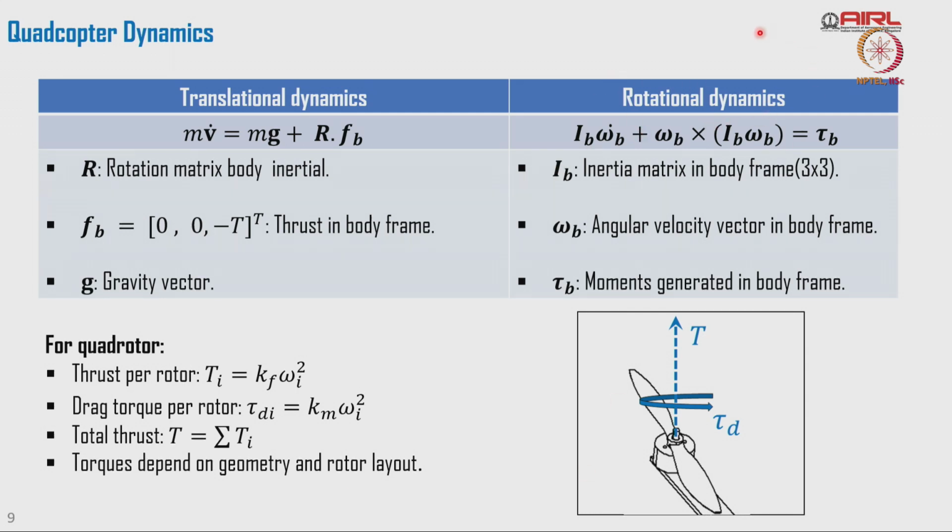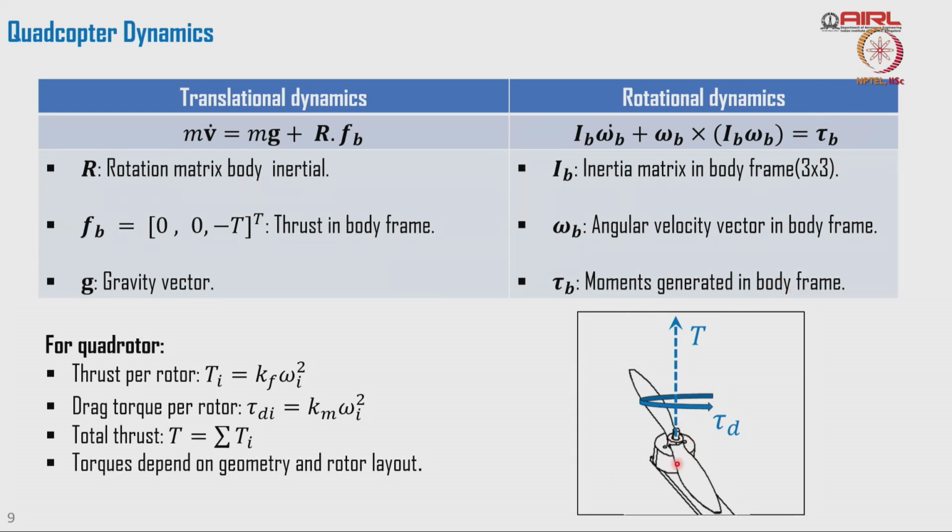If you look at the rotational dynamics, an inertia matrix comes into the picture: IB omega dot B plus omega B cross IB omega B equals the torque tau b. Tau b is the moment generated in the body frame.